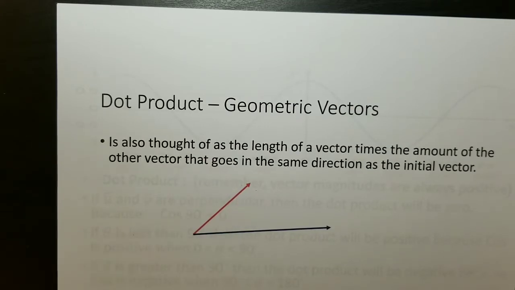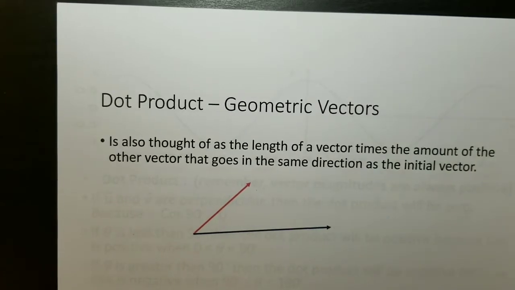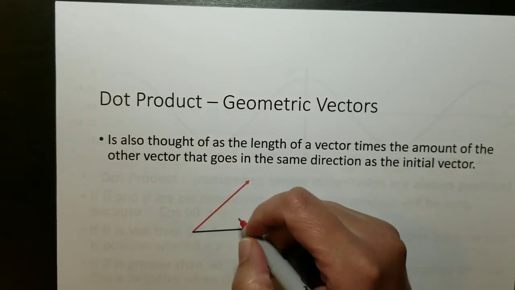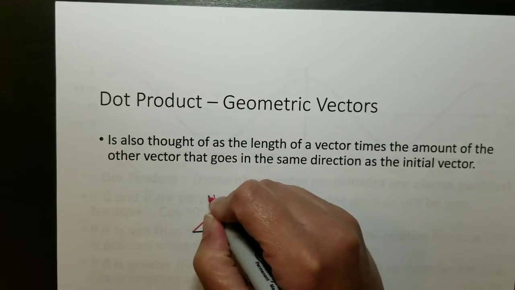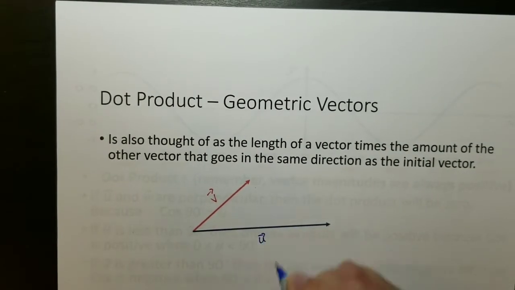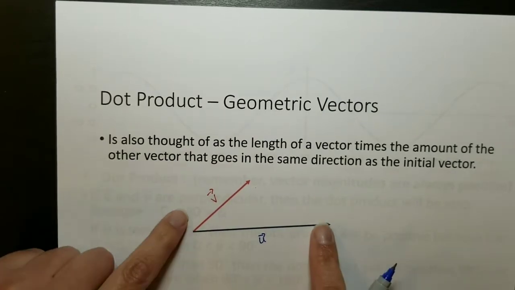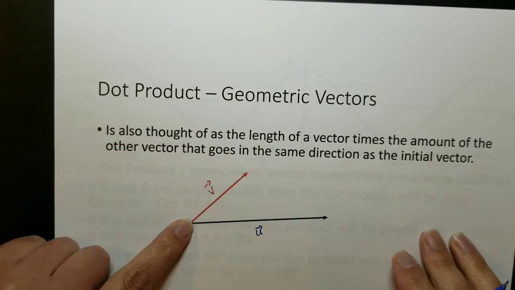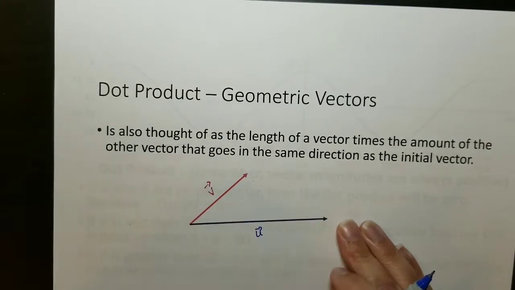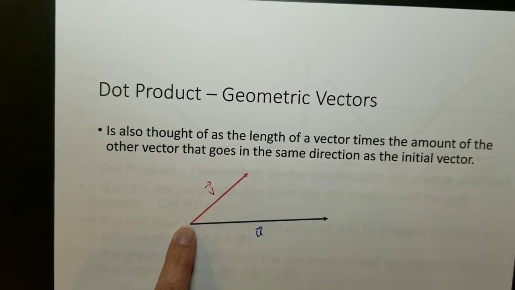Now this is what I want you to take a look at. If we had these two vectors, I'm going to label them u and v. The dot product u dot v is going to be a measurement of how much of v is going in the same direction as u.